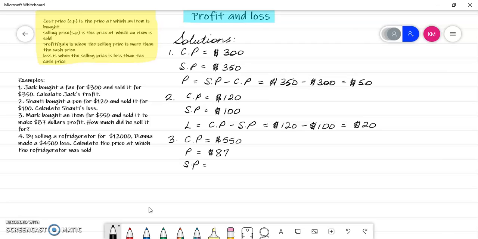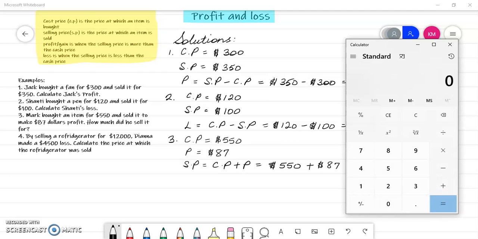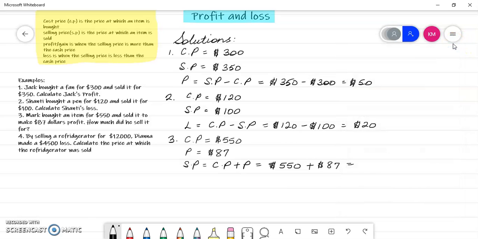Selling price is equal to cost price plus your profit. And that is going to be $550 plus your profit of $87. Plus 87 is going to give me 637.